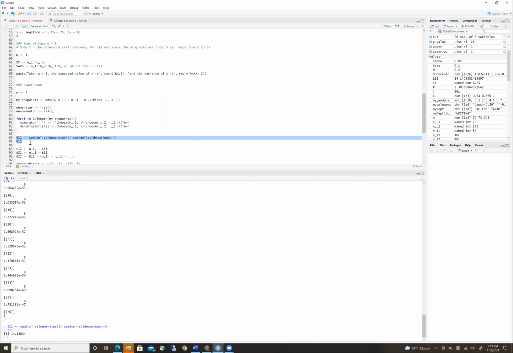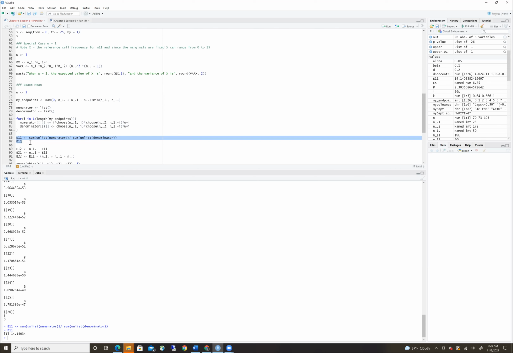Essentially what we're doing is we're trying to say, based on our hypothesis, what would we expect the table to look like? And then we're going to compare our observed table to that expected table to see if what we thought was really true.